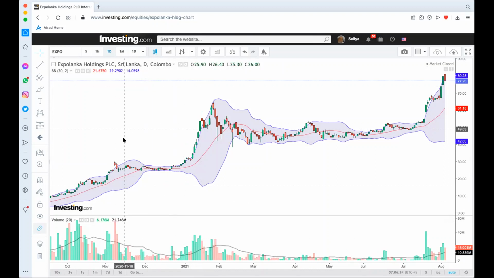You can see that at this level, the prices are trending alongside or on top of the middle line. At the same time, you can see that the upper band and the lower band are compressing towards the middle line, which is known as a squeeze. And once the squeeze takes place, we watch for a breakout in the price.